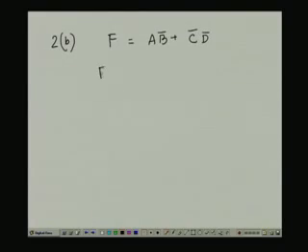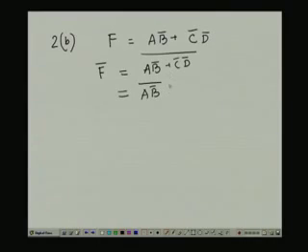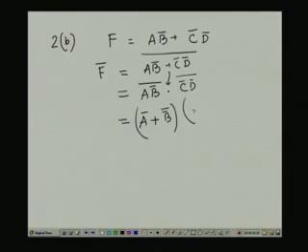In a similar way, if I take the complement, then it will be AB bar plus C bar D bar whole complement. Then this becomes AB bar complement of that, this plus will be replaced by dot, and then C bar D bar complement of that. Then this is equal to A bar, and dot becomes plus, and this is B bar bar. Then this becomes C bar bar plus D bar bar.